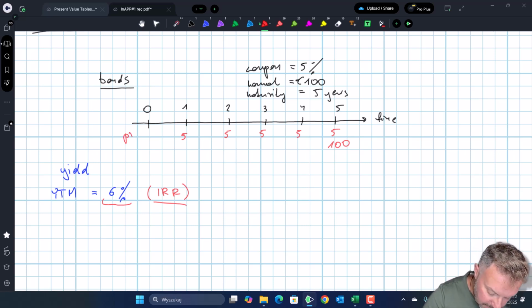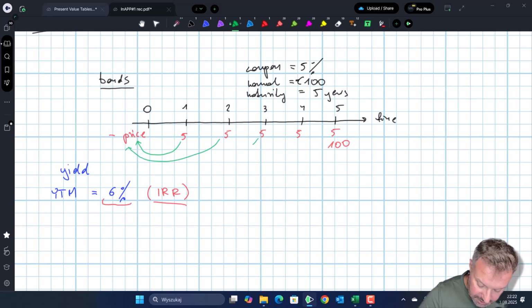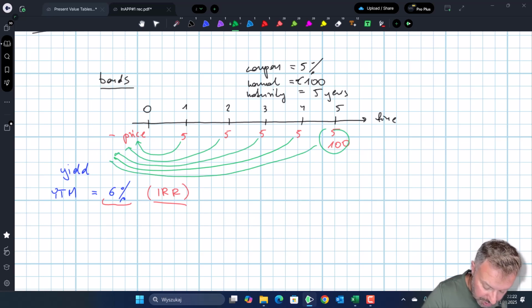So there's a price that has to be paid for this bond in the marketplace. And 6% is the yield that the investor who decides to buy this bond will achieve if they decide to keep this bond until maturity. That's why it's called the yield to maturity.